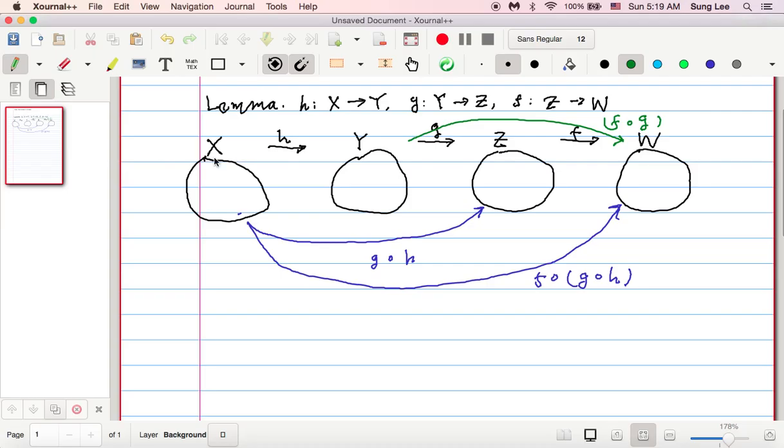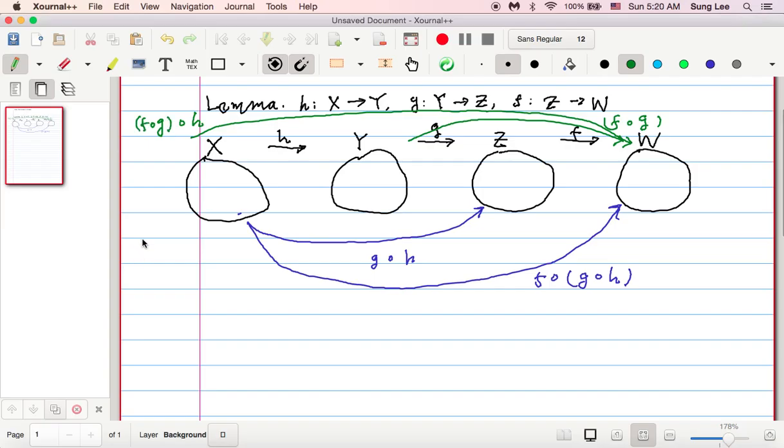And then we can combine the h and the g followed by f. So together from here to here, that would be h followed by g followed by f.